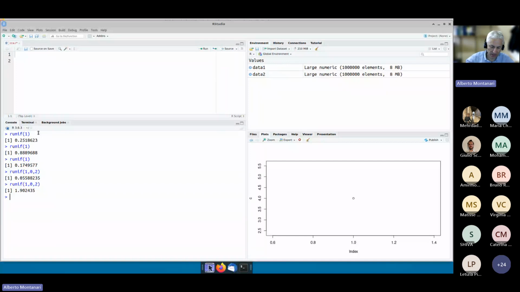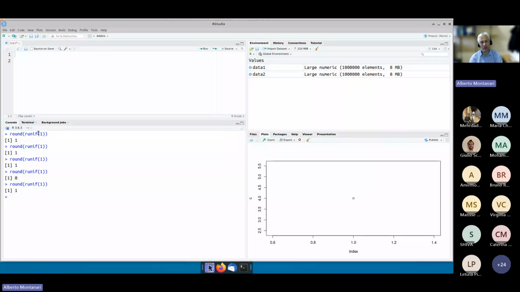Okay, now let's make an experiment. I clear the console, of tossing a coin. So let me generate a random variable in the range 0, 1, and let's round it. Round means nearest integer. 1, 1, 1, 0, 1.